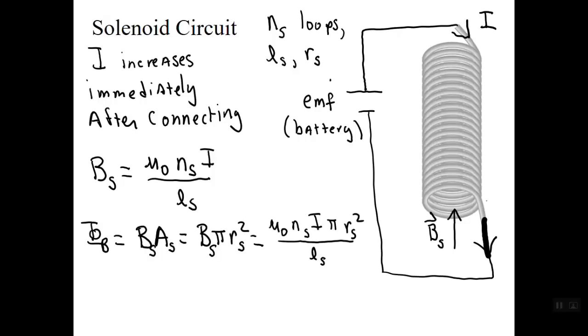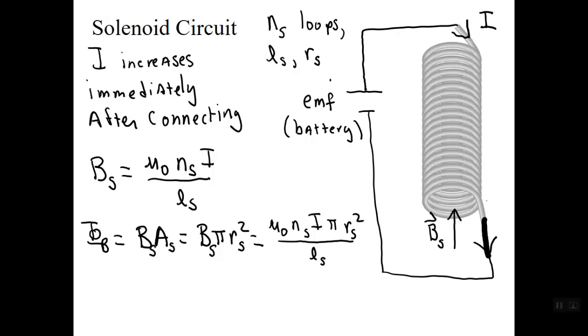Now there is a magnetic flux through each loop in the solenoid, and that works out to be just the product of B_S times the area of a single loop of the solenoid, pi times r_S squared, which works out to be this expression.